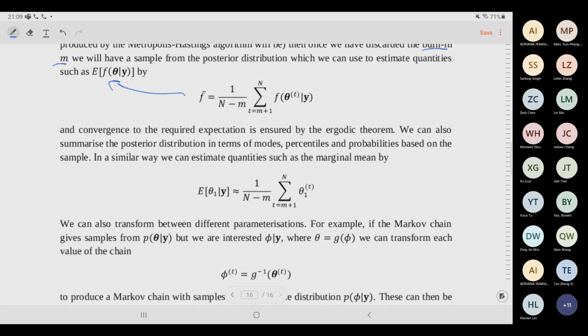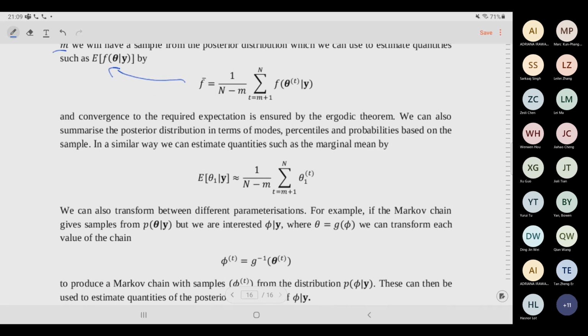So you can actually use the sample to estimate the values that you want by an empirical method, using summation, like estimation.